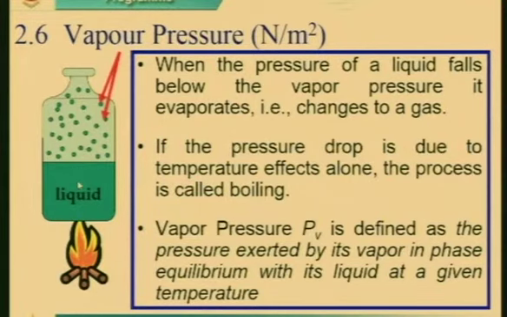So, there will be a balance between the liquid leaving the system and coming back. The moment it balances, it is called saturated vapor pressure. We say SVP at that temperature, saturated vapor pressure. It means 1000 molecules are leaving and 1000 molecules are coming. That pressure is called vapor pressure.